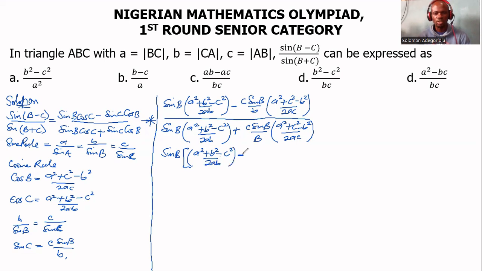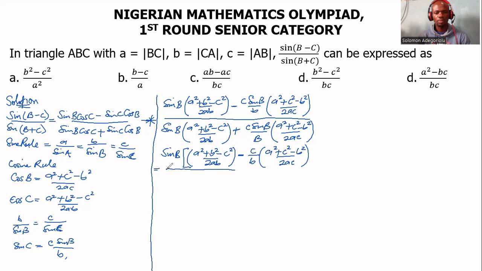Then we have minus, of course, we've taken sine B out. This is going to be C over B, open bracket. We are left with what? A squared plus C squared minus B squared over 2AC, close the bracket. So this is just for the numerator.